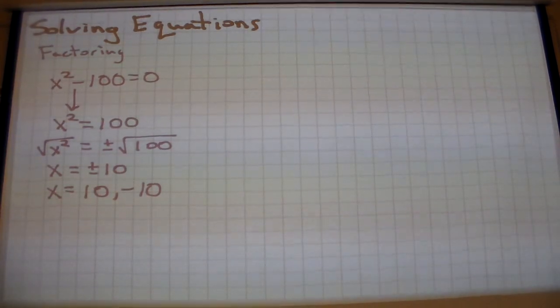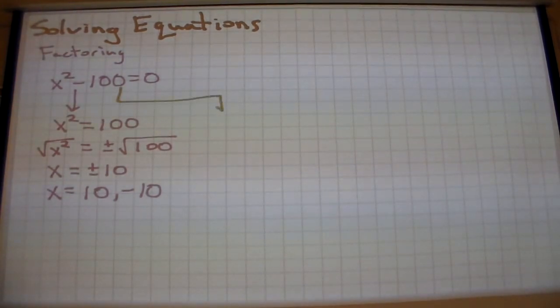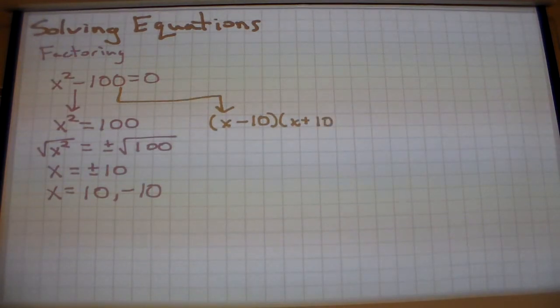Okay, another way we could have done that. We go back to our last chapter, that's the difference of two squares. So that factored is x minus 10, x plus 10, equals 0. In this chapter, we had something called the zero product property, which means if you multiply two things and they equal 0, you just set each of them equal to 0.